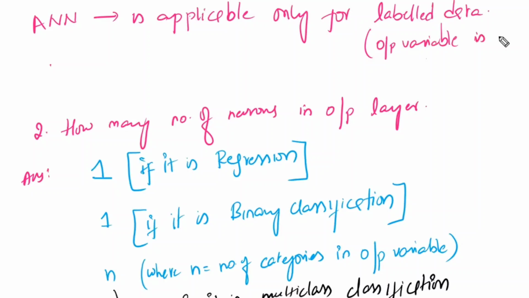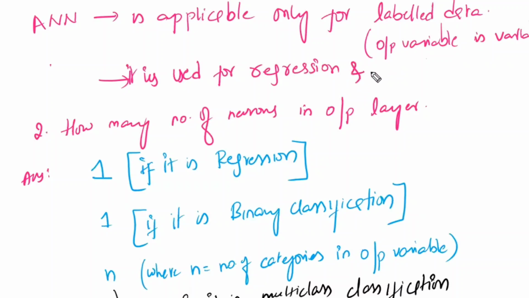If the output variable is not available, then it is called unlabeled data. ANN is used only for regression and classification purposes.